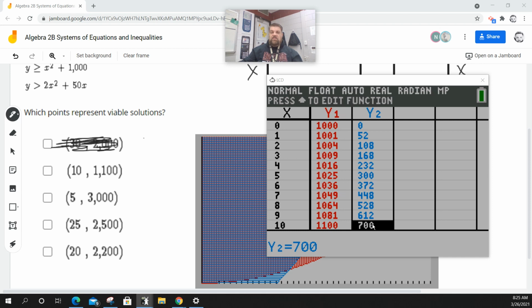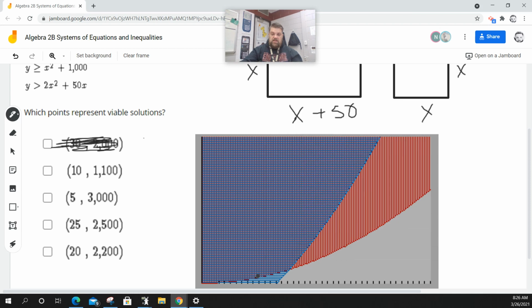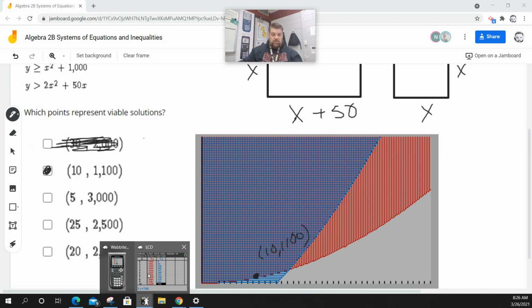The blue one is at 700, so from 700 on up is shaded. So yes, this one is a possible solution. This one's right on the border, but both areas are still shaded. So 10 comma 1100 works.